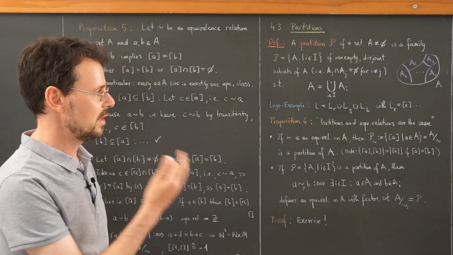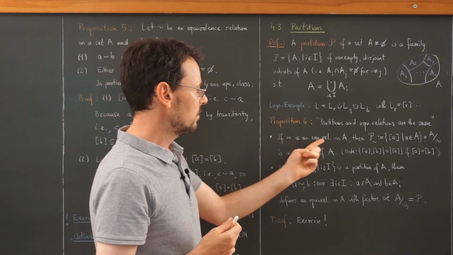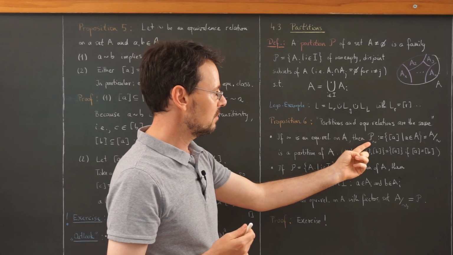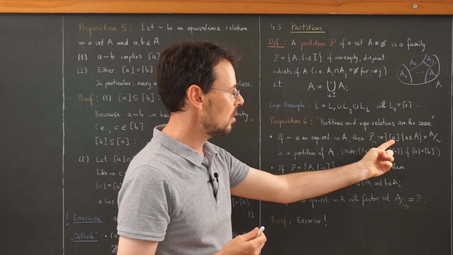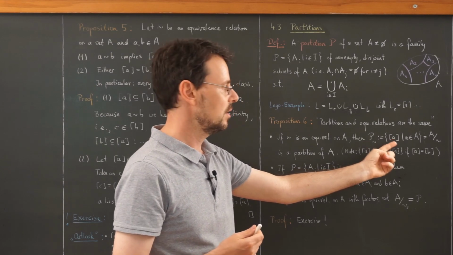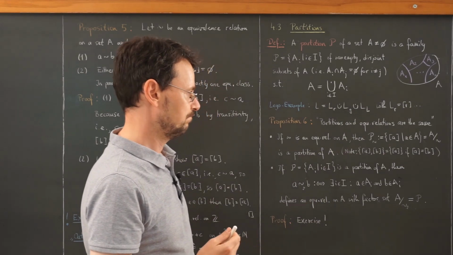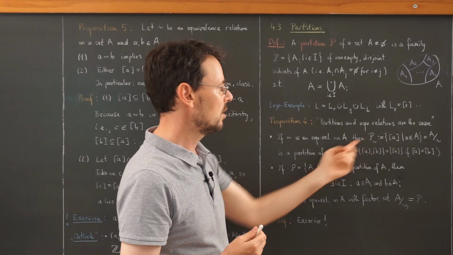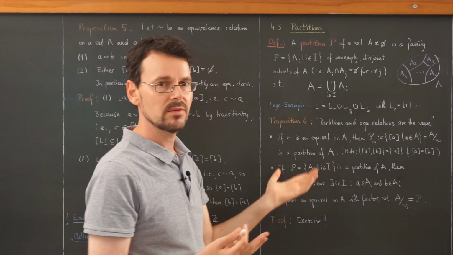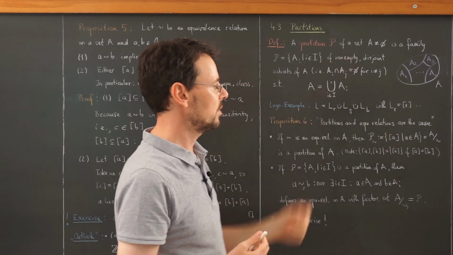This is what is meant by they are the same. So, if I have an equivalence relation, then I can define this family of subsets simply as all the equivalence classes, which is nothing but the factor set A modulo tilde. And then this is a partition of my set. That's already it. So simply taking all the equivalence classes gives me a partition.